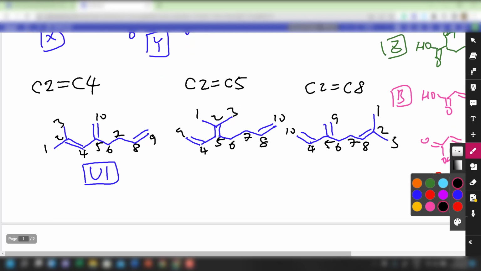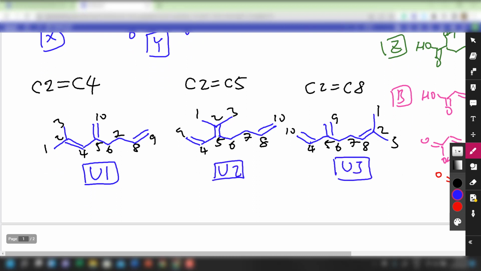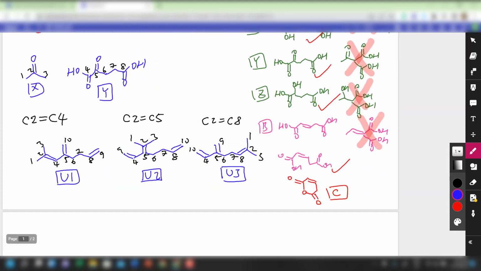Okay, so these are the 3 possible structures, so I just call them U1, U2 and U3. Now some of you might be thinking, in that case, can all the 3 be correct? Not really. You can't let all the 3 be the correct answer.